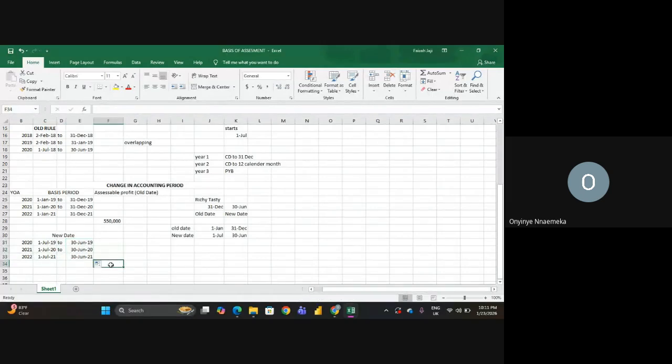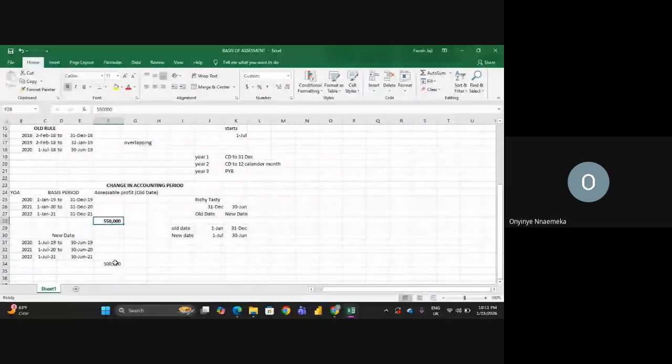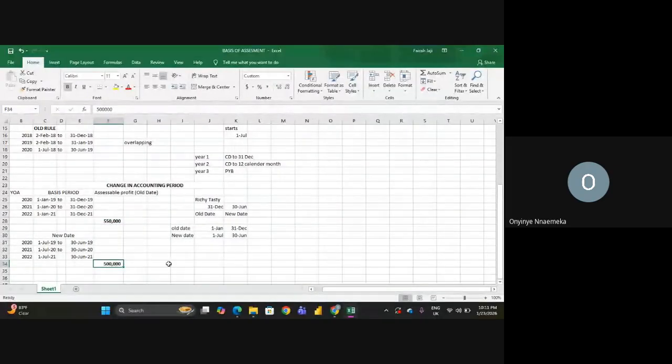So let's now say that this new one gave us 500,000. So this is total for using old dates. This is total for using new dates. The rule says what? That the authority will pick the higher of the two. So before they come and pick for you, pick for them.